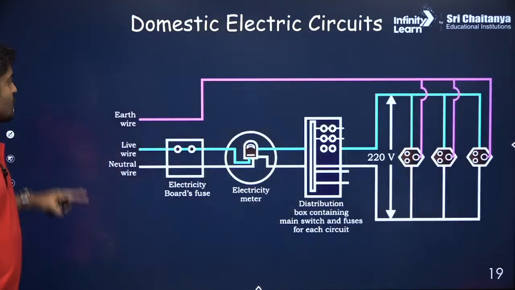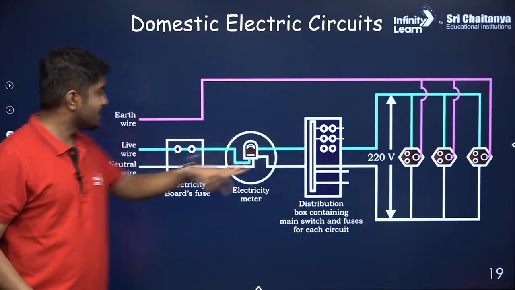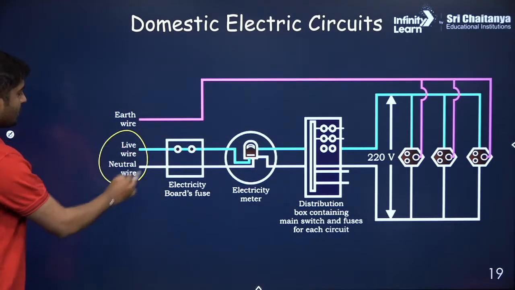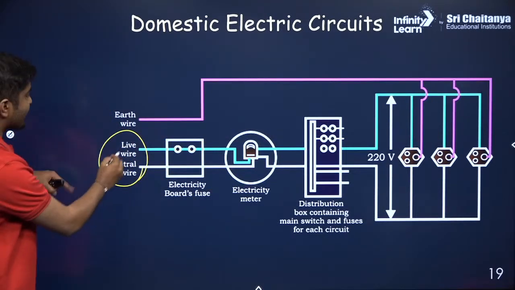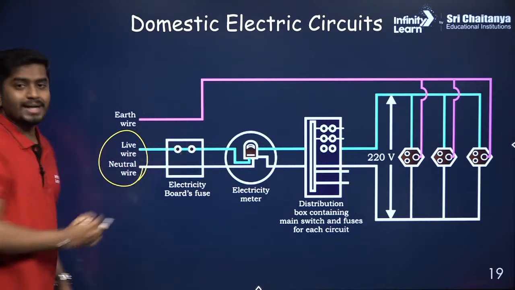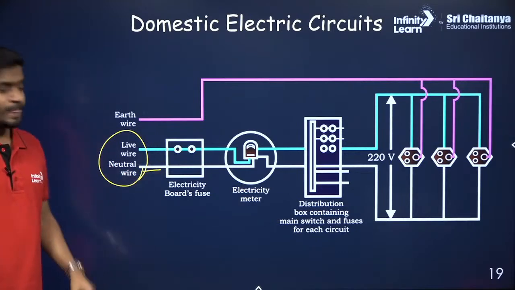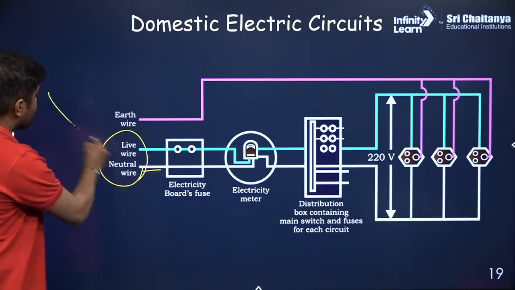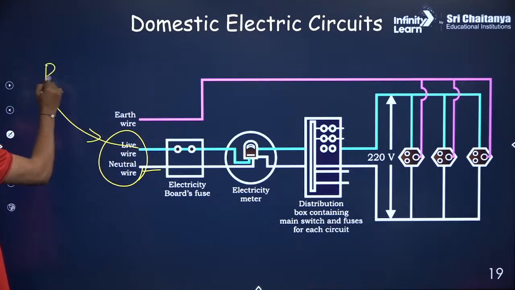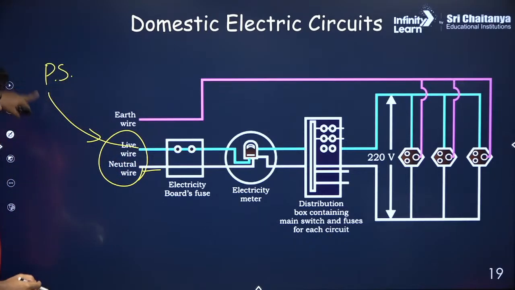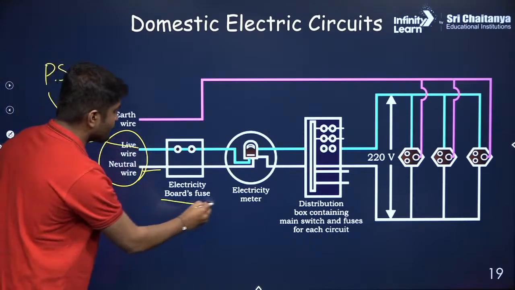Okay. So in our houses there are these 2 wires. This blue one is a live wire. This is a neutral wire, white one. So when the live wire is coming from the power station, it is connected to, so there is a fuse.